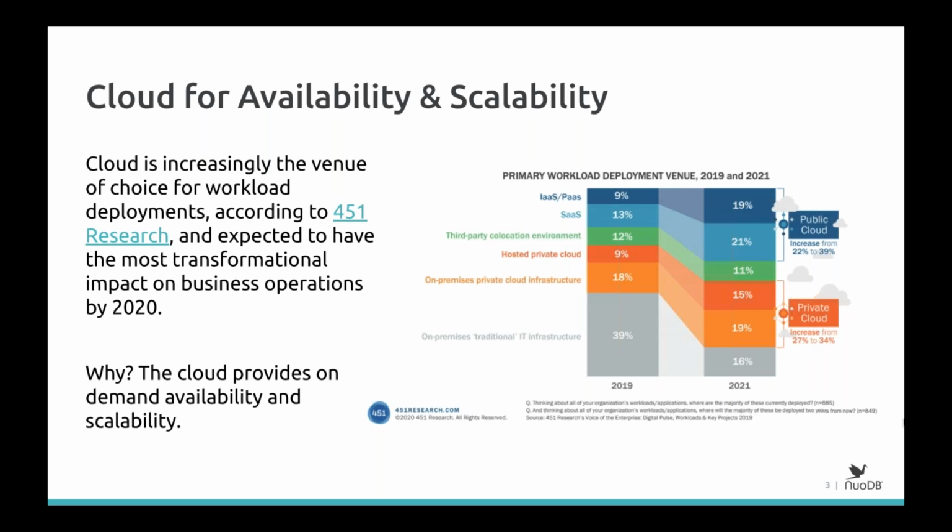These trends are reflected in the 451 analysis, which suggests that during the course of 2020 and 2021, roughly 75% of primary workload deployments will be away from on-premise and instead delivered onto cloud architectures, and that 95% of those new applications will be built using container technology.